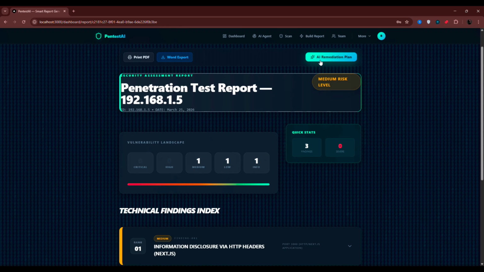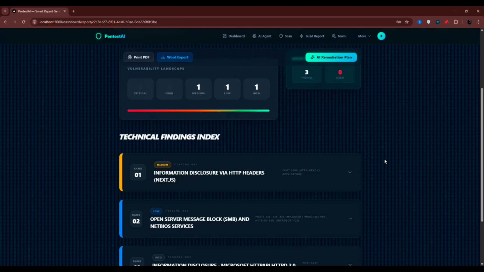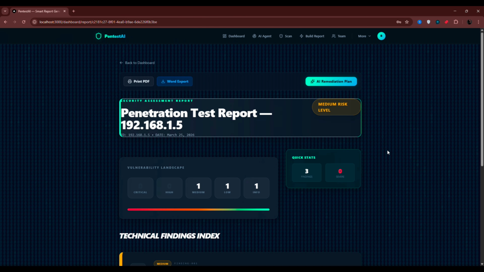We can also extract the AI remediation plan for 30 days or 60 days. We can give a prompt and extract the PDF of this report, and also a Word report of this scanning. This is an active scan which I did with the help of Nmap and the AI. AI gives the remediation planning and Nmap does the scanning for the particular target.